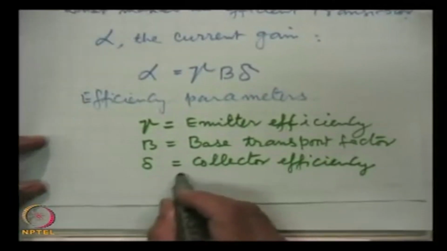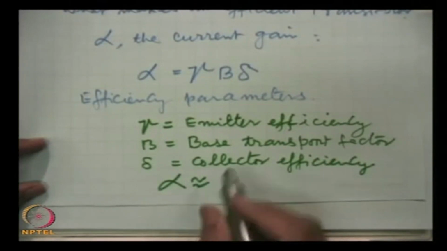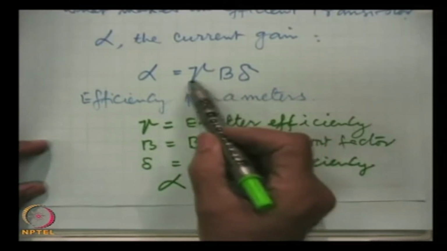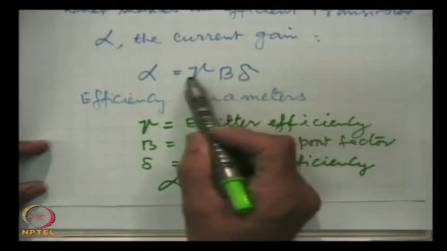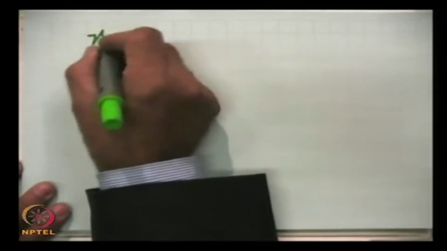Remember, our objective is to keep the current gain alpha as close to 1 as possible, and for that the requirement is that all these 3 parameters individually should be close to unity. Now, how do we define the emitter efficiency, that is gamma?